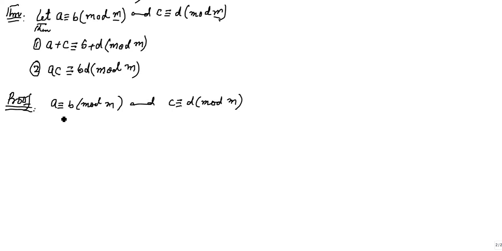So, if a is congruent to b modulo m, then we can write a is equal to b plus m times some integer, so lm, and if c is congruent to d modulo m, we can write c is equal to d plus m times some integer, that is km. So, the first congruence gives you a equals b plus lm, and the second congruence gives you c equals d plus km.